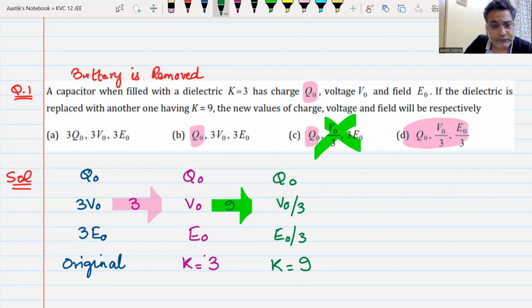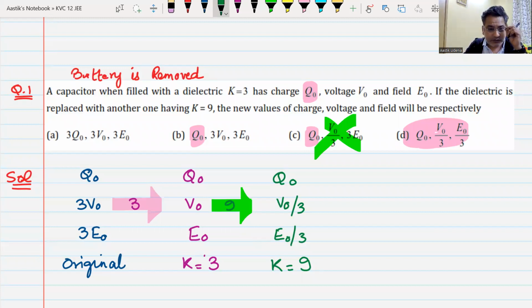Now, that was the case when a dielectric constant K was inserted and it was completely filling up the space between the two plates.